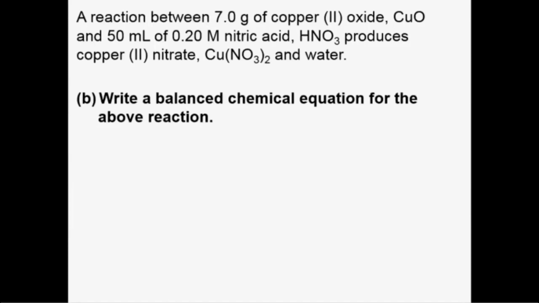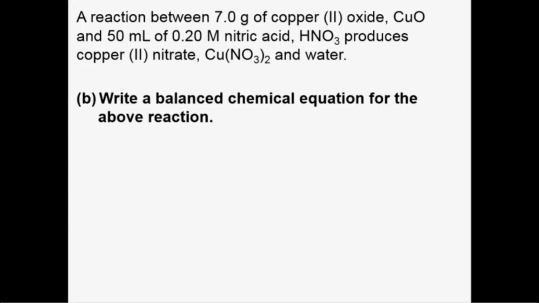Let's move on to the next question, B. You need to write a balanced chemical equation for the above reaction. Looking back at the question, copper 2 oxide reacts with nitric acid to produce copper 2 nitrate and water. Let's write the reactants first.